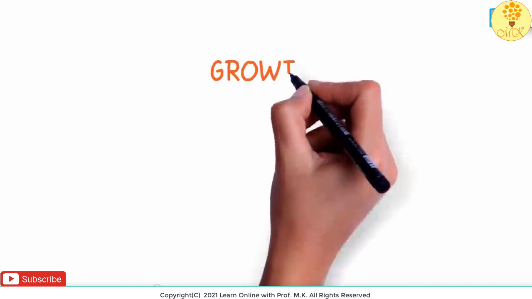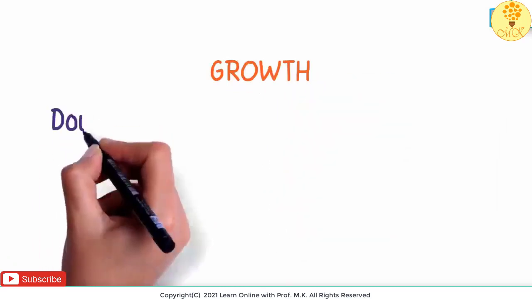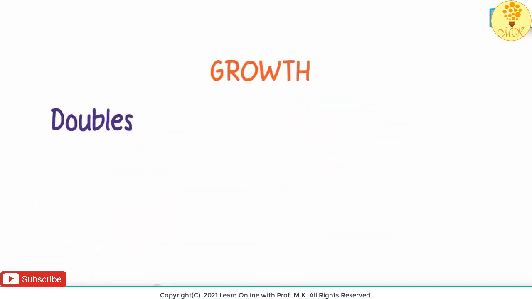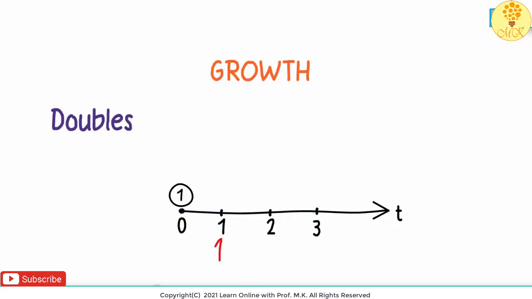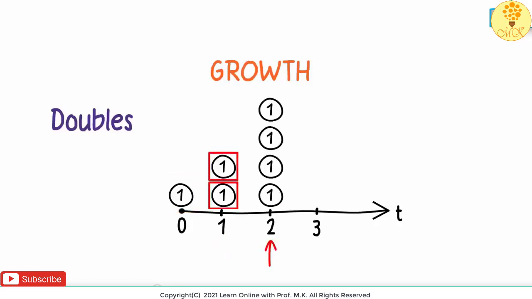To get to e, we first need to understand growth. Let's say a particular thing doubles every time period. On this timeline, this is today, and every unit is one time period. Assume you have $1 with you. At the end of the first time period, this dollar doubles and you have $2. At the end of the second period, $2 double to become $4.